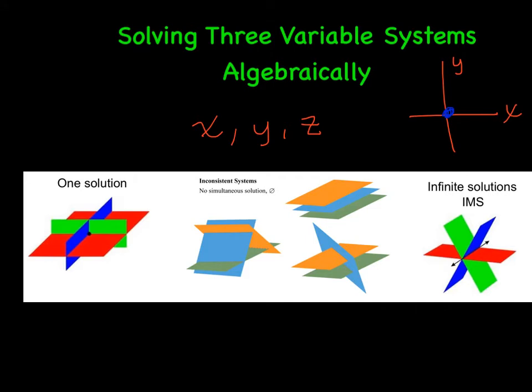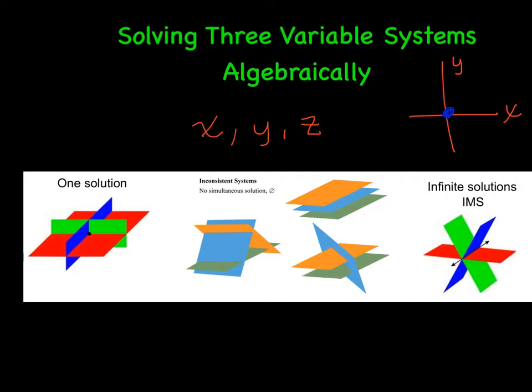The only way I can get one solution is this example right here, where all 3 planes intersect in that one point right there in the middle. Infinitely many solutions is when they all 3 intersect in a line. No simultaneous solution can happen in 3 different ways.